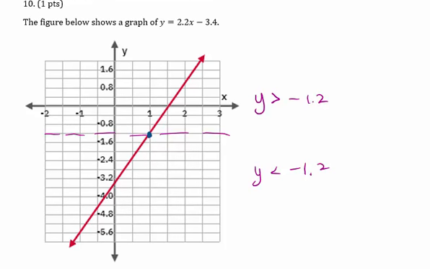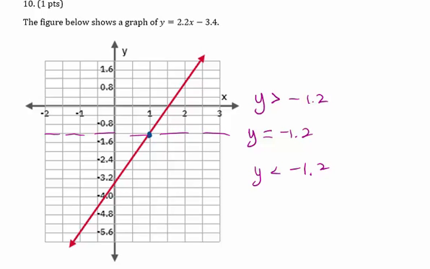Since this part of the question asked when y is greater than or equal to negative 1.2, we're going to look on the line and above, so on and above this line.